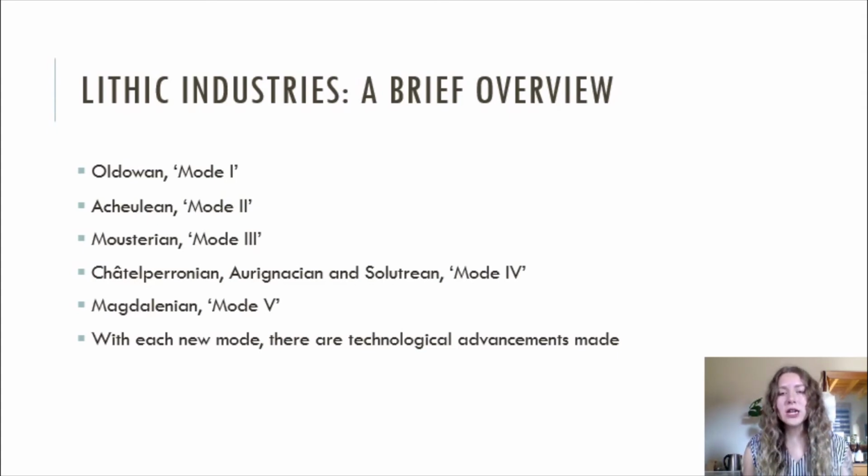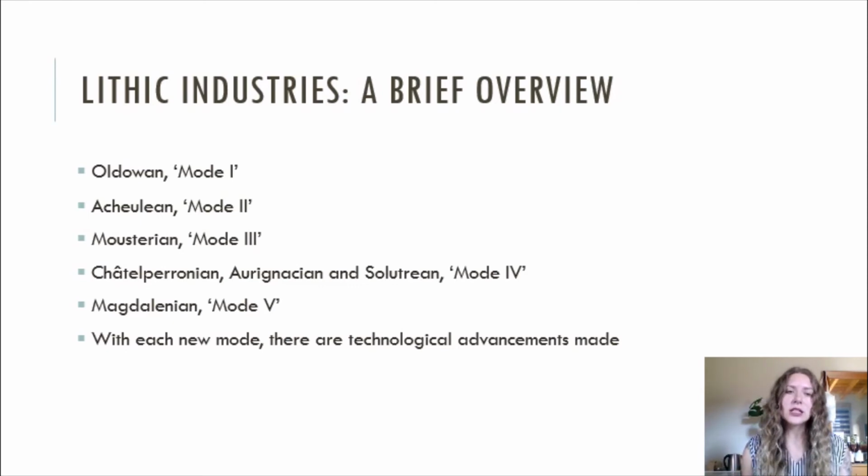The Mousterian is associated with the Middle Paleolithic and is also referred to as Mode 3. And this is just a slightly more developed tool than the Acheulean, generally more finely worked and also consisting of more variety in tool type in terms of tool function, as well as Levallois, which is the first instance of stone points.